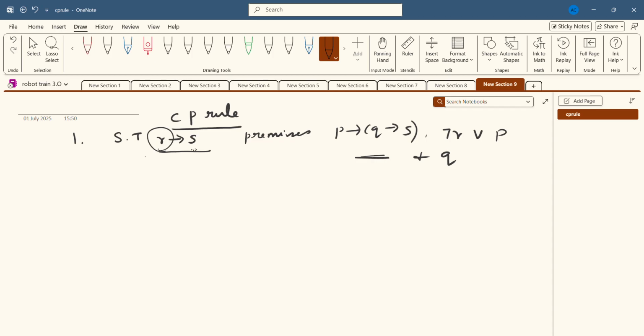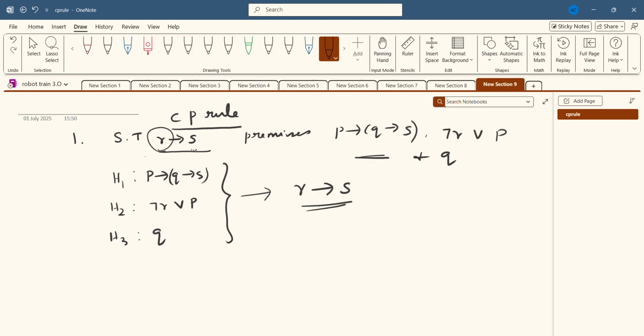First I am going to write the premises one by one. H1: P conditional Q conditional S, H2: negation R disjunction P, H3: Q. Using these premises, I am going to derive the conclusion R conditional S by using CP rule.